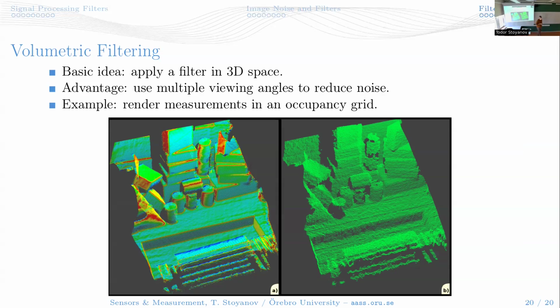And the image on the left is the case where the image has been filtered. Well, it has been filtered by a 3D filtering method in this case. So this is not based on the bilateral filter we saw before. This is a method that integrates measurements in a 3D volumetric data structure, and then re-renders the images based on this fused volumetric data.